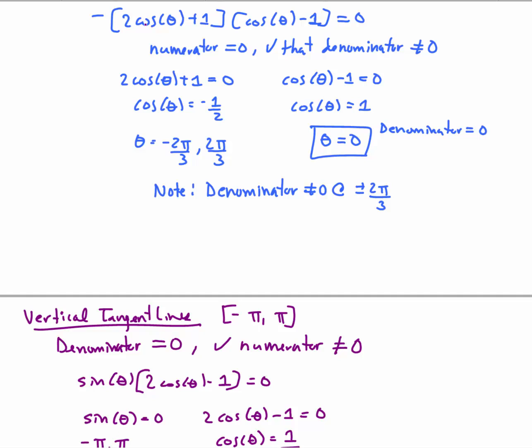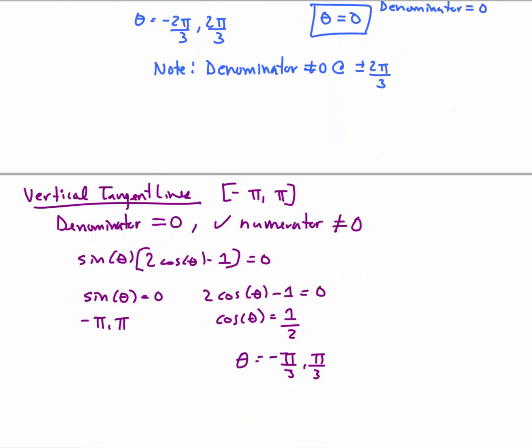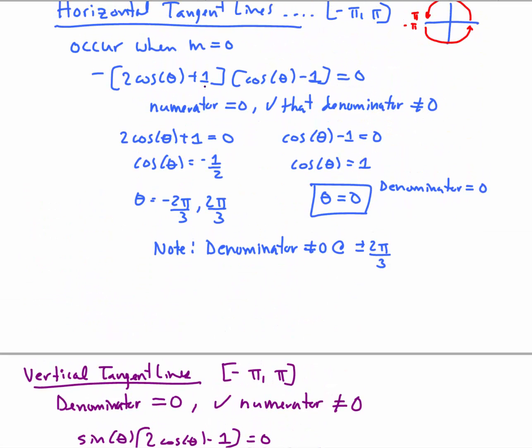So I'm going to check pi first. Cosine of pi is negative 1. So this would be a negative 2 plus 1 is a negative 1, so that's good. Cosine pi is negative 1. Negative 1 minus 1 is negative 2, so that's good. Negative pi, I'll get the exact same thing. And then let's go ahead and look at negative pi over 3 and positive pi over 3. There shouldn't be any problems.